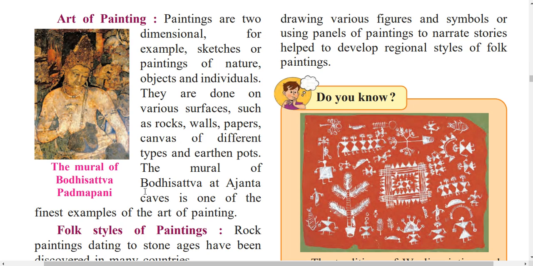The mural of Bodhisattva at Ajanta Caves is one of the finest examples of the art of painting. The mural of Bodhisattva Padmapani. This is a painting in Ajanta Caves.